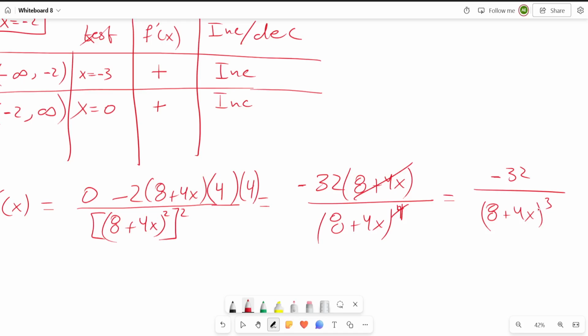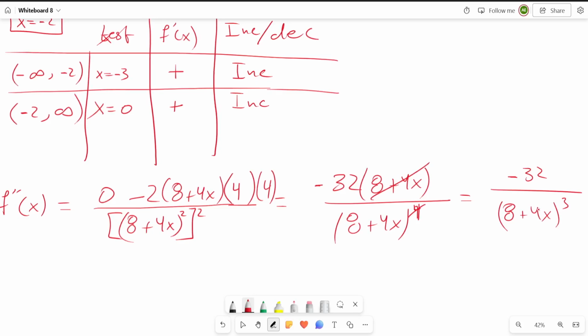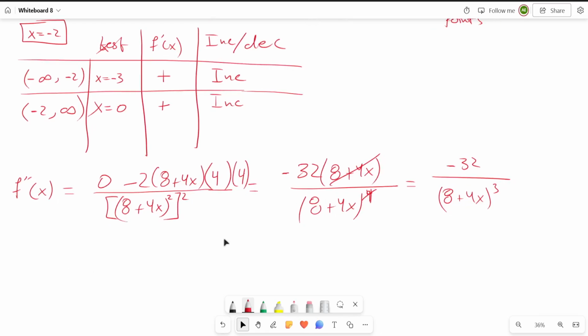And this is my answer to the second derivative. Again, let's see if there are any critical points in the second derivative. If I equate the second derivative to 0, 8 plus 4x times 0 is 0, so I'll have -32 equals 0. This is undefined, so I don't have any critical points in f double dash of x.